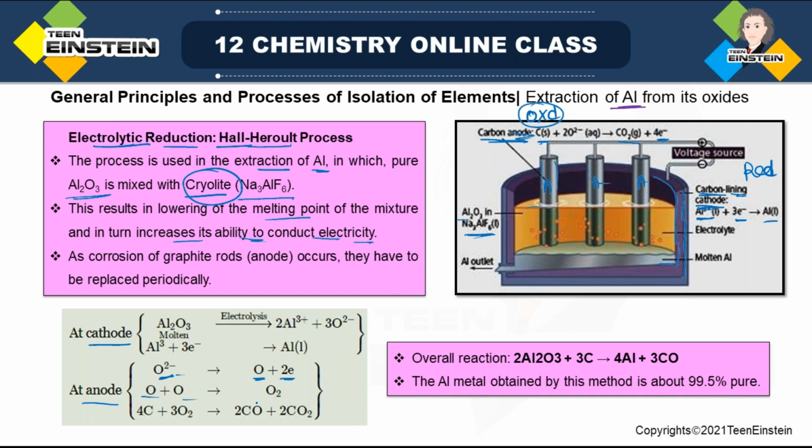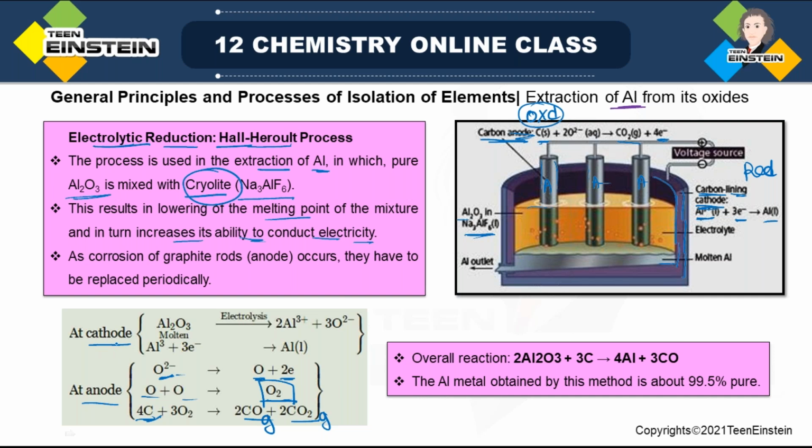Two neutral oxygen atoms together will make O2, and carbon, which is the carbon anode, will react with this oxygen and ultimately produce a gaseous byproduct. See, both are gaseous in nature, so it will be very easily removed. That is the reason we have taken carbon as the anode, because the byproduct obtained will react with carbon and be removed in the form of CO or CO2.